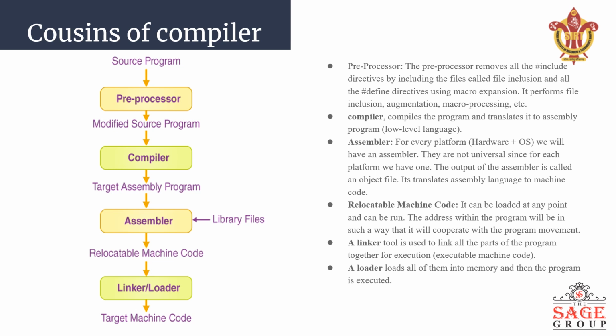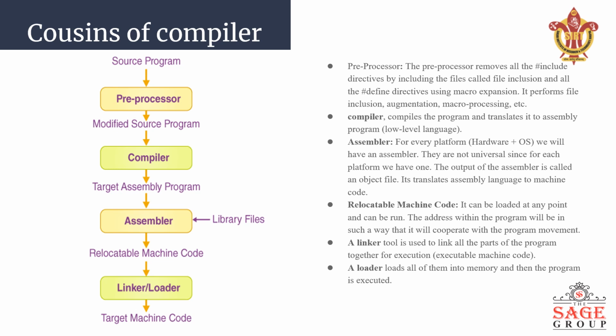The output of the assembler is called the object file. It translates the assembly language to machine code. Okay. So, as we know, there are three kinds of files used: the header file, which has the extension .h, and one more is the object file. The object file basically contains machine-like instructions, but it is not the executable file.